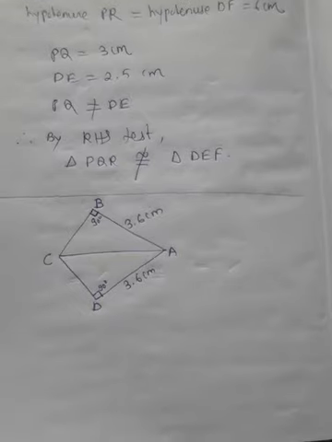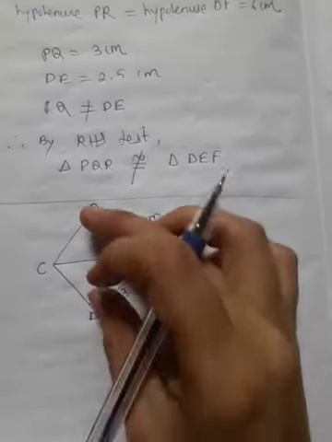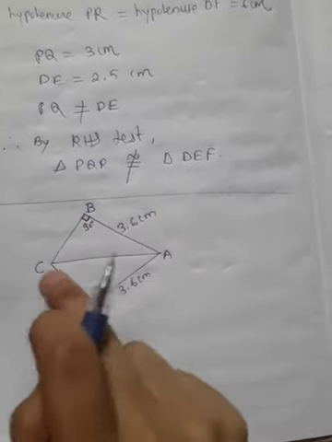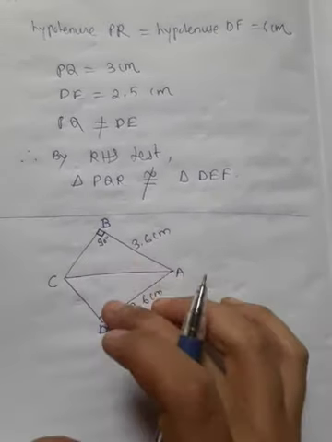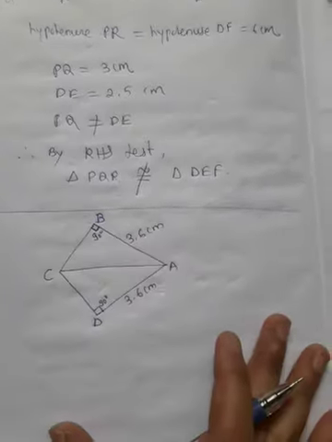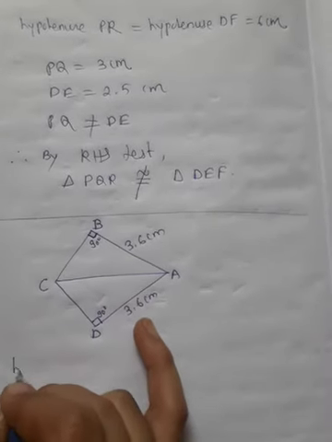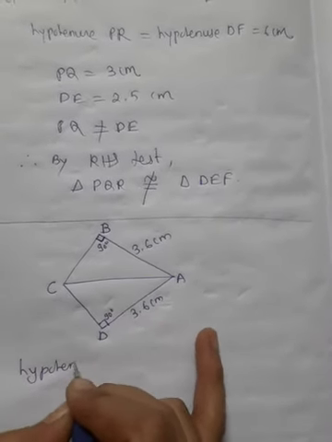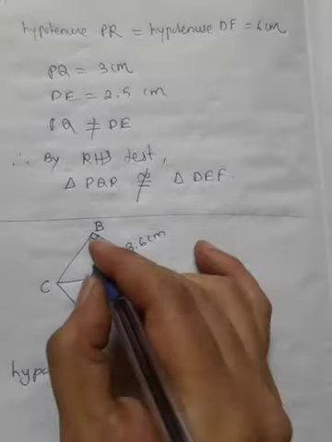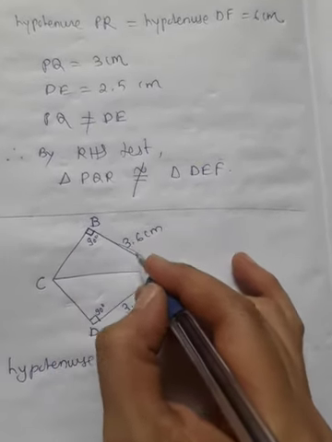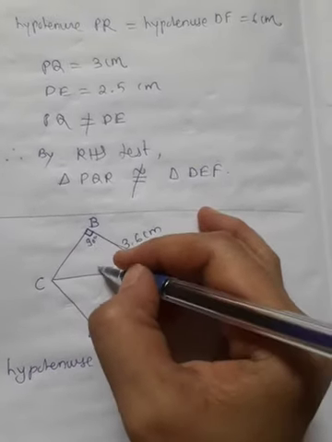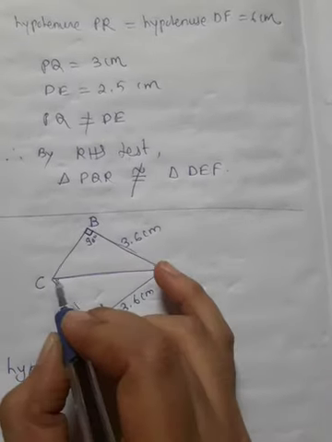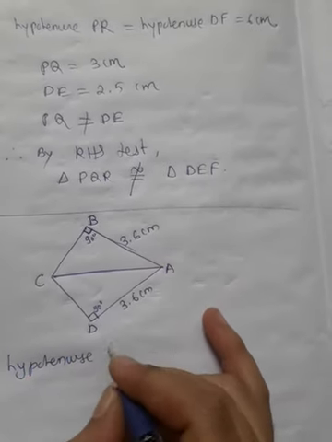Okay, now see this figure. In this figure we have two right angle triangles 1 and 2, and we have to check whether these two right angle triangles are congruent or not. So we first check hypotenuse. So first of all, what is the hypotenuse of this triangle? You observe that the side opposite to 90 degrees is AC. Okay, so this is the hypotenuse.